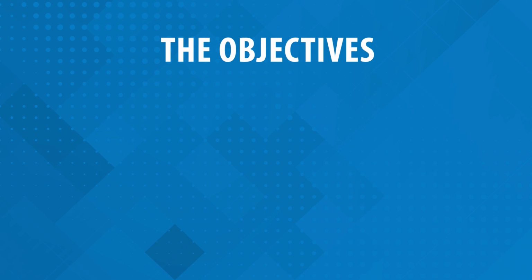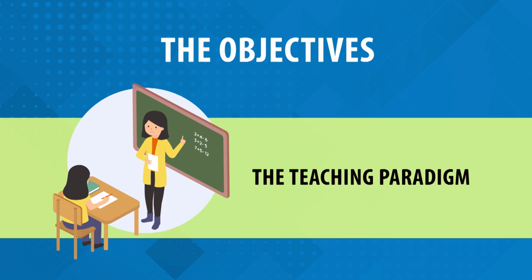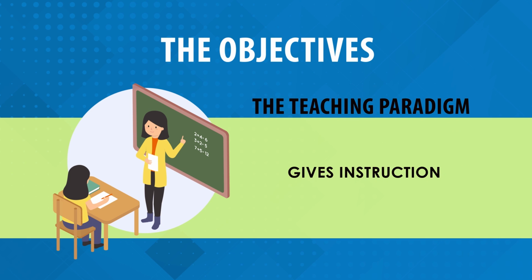To explain it more easily, I have covered the lecture in the division of teaching paradigm and learning paradigm, and I have compared the paradigm shift under various heads. Let us see. The first important thing that has changed in the objective from the teaching paradigm to the learning paradigm is this: the teaching paradigm talks about giving the instruction.